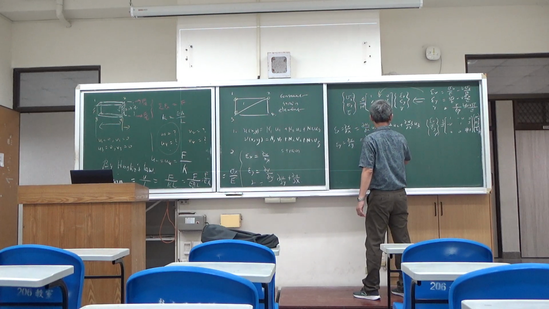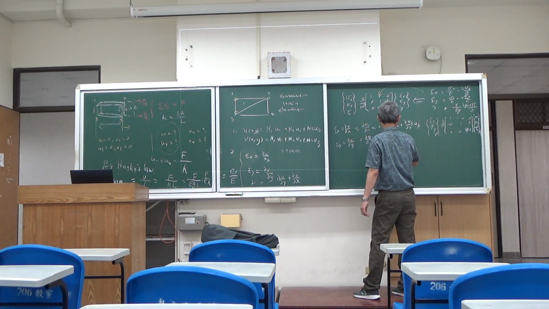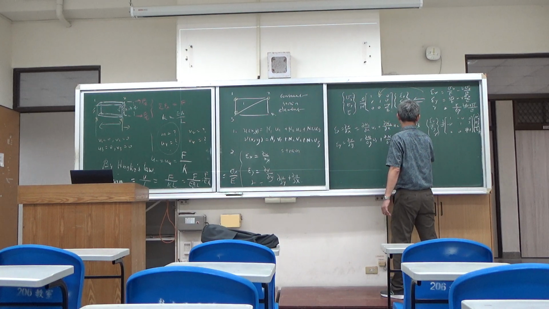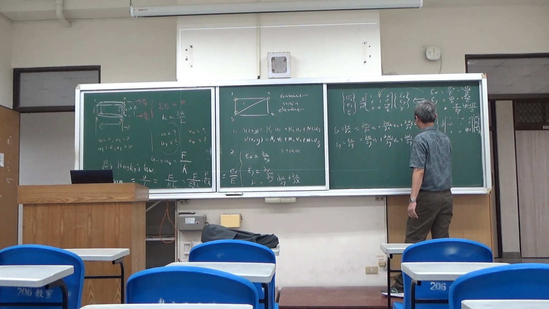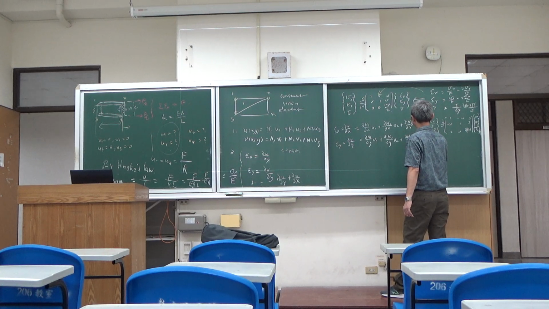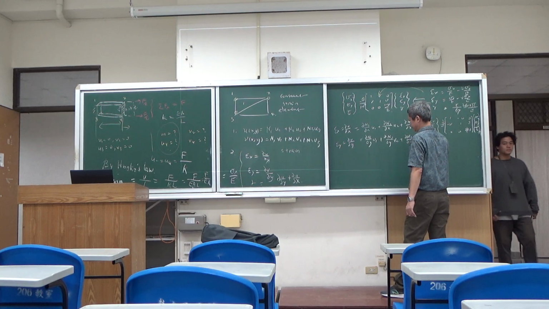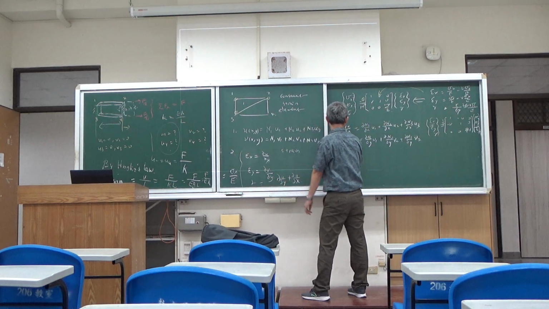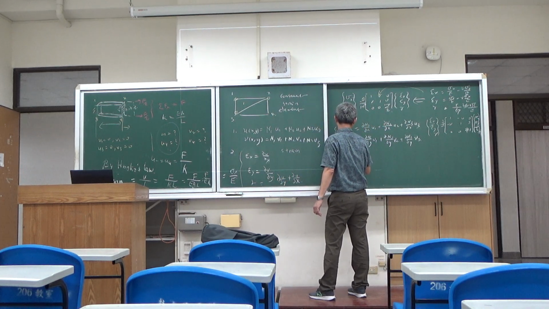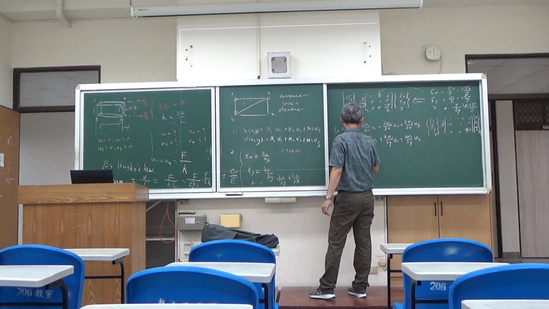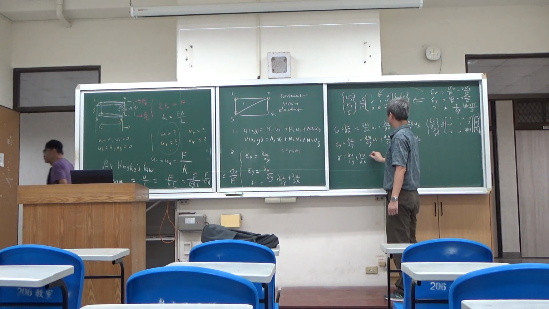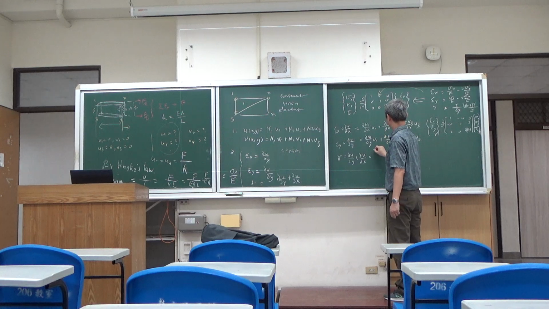Yeah, please rewrite this at least once. So you got a feeling what this is. And then your gamma is del u del y plus del v del x.